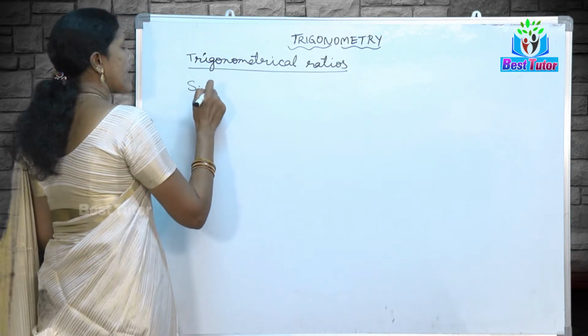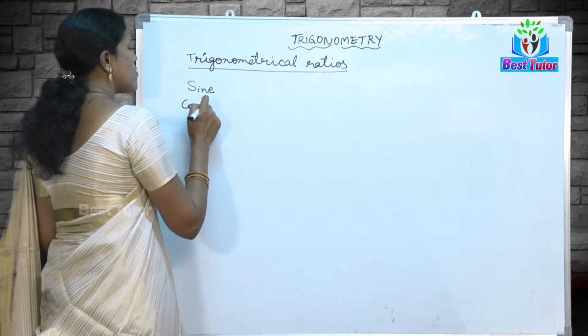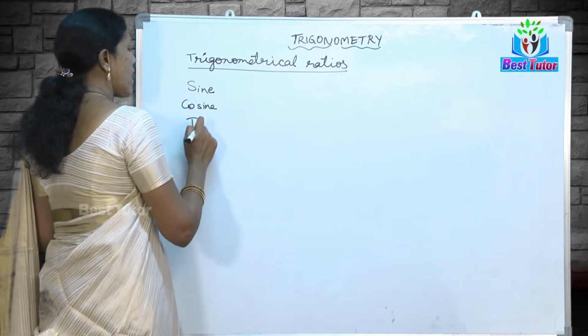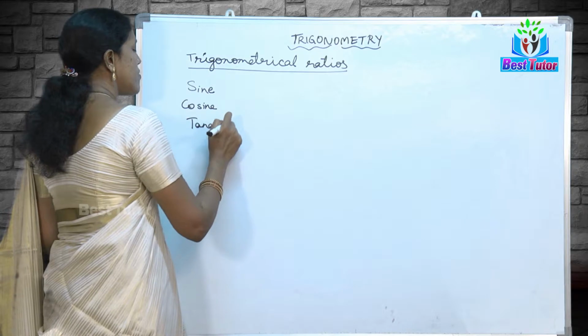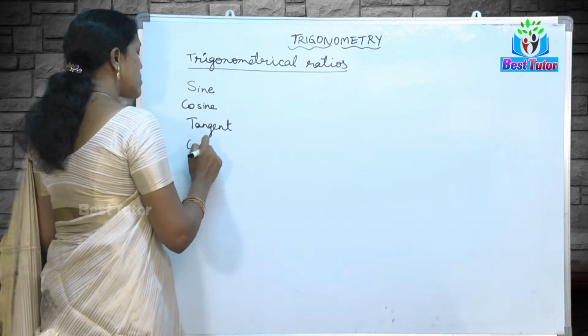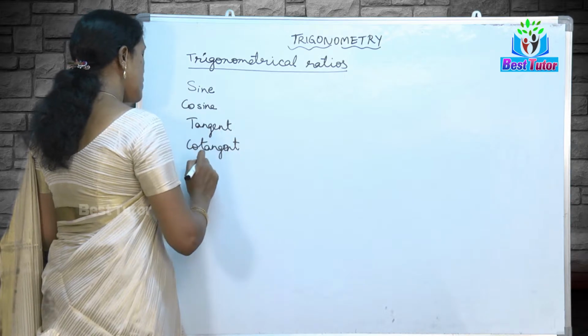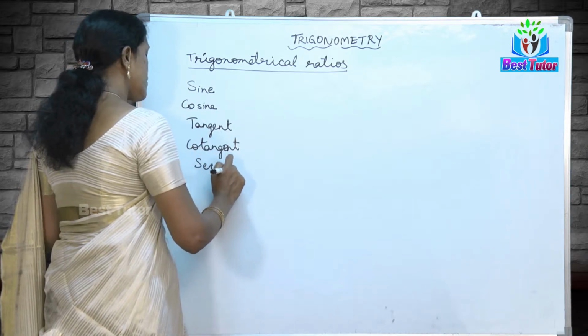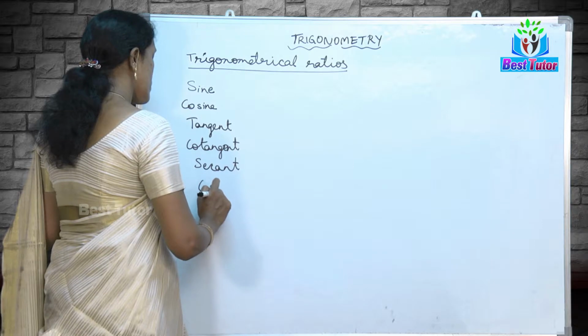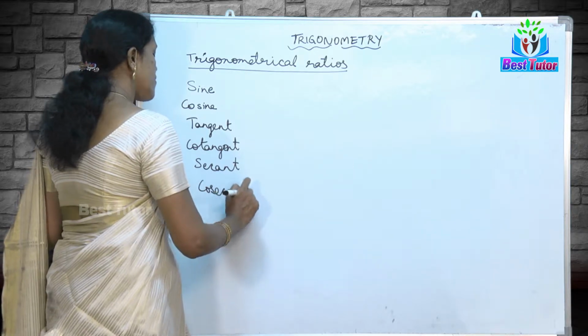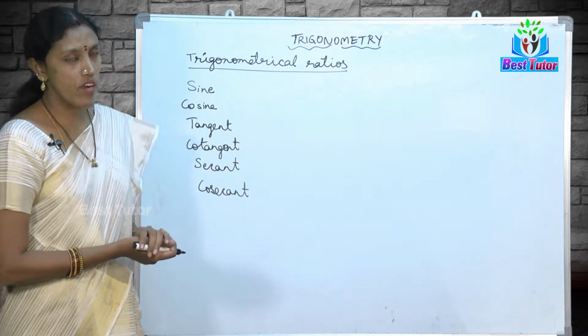We have sine, cosine, tangent, cotangent, secant and cosecant. These are the 6 trigonometrical ratios.